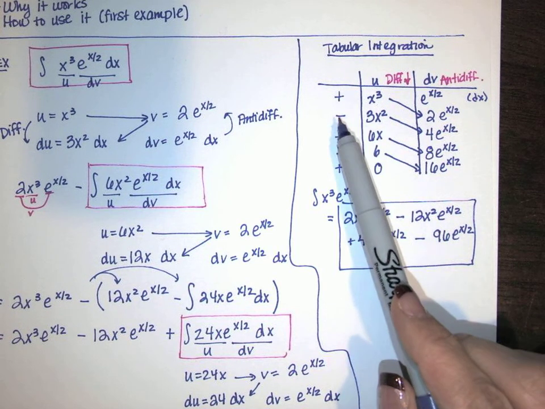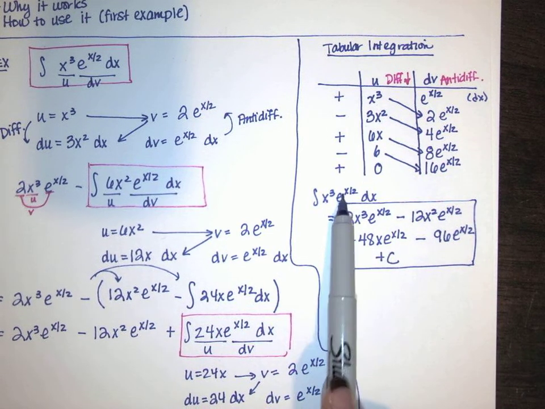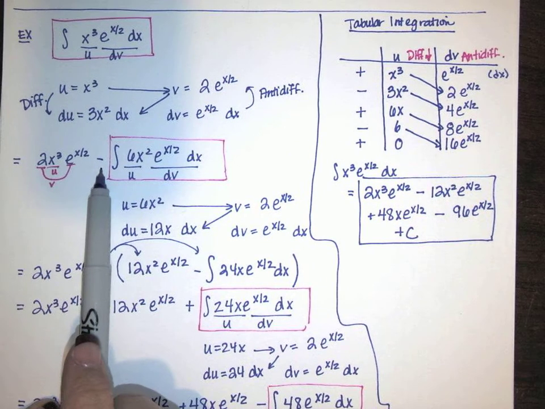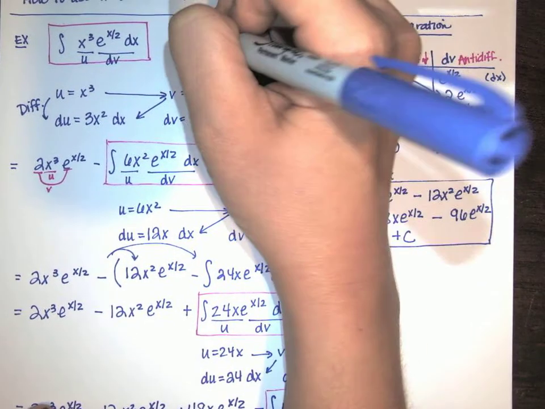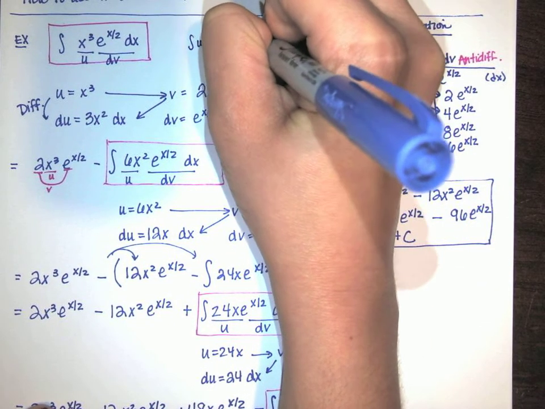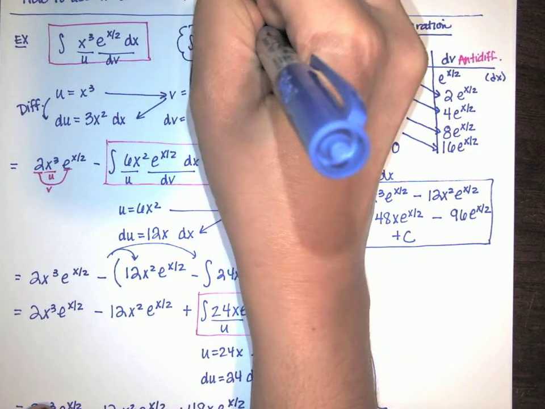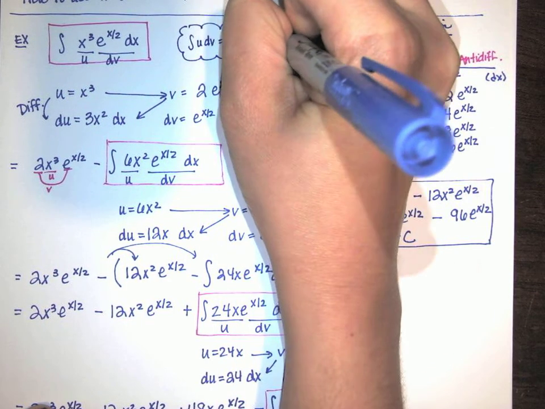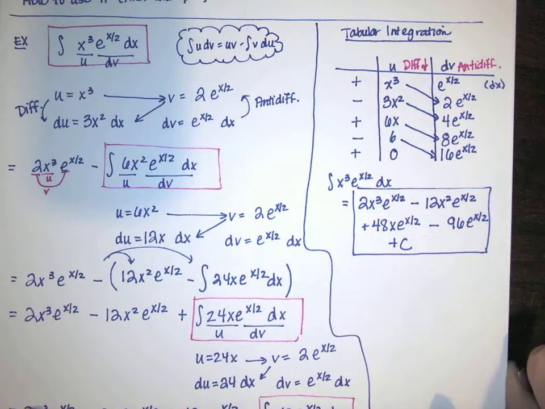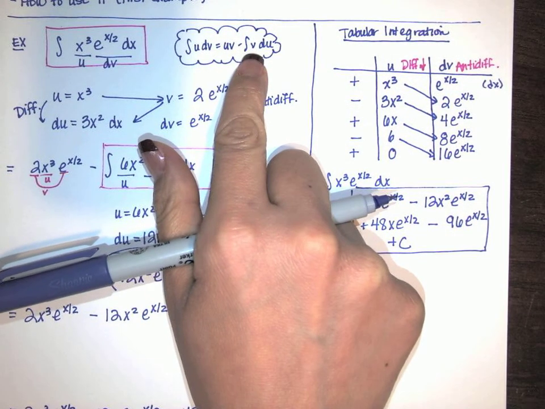Now, some students ask, where did this plus minus come from? The plus minus on the side came from us subtracting. Remember, our integration by parts formula looks like this. It's uv minus the integral of v du.